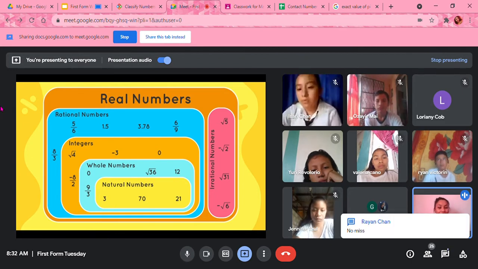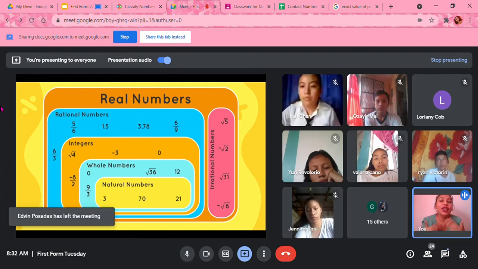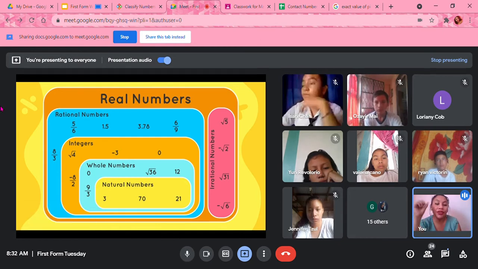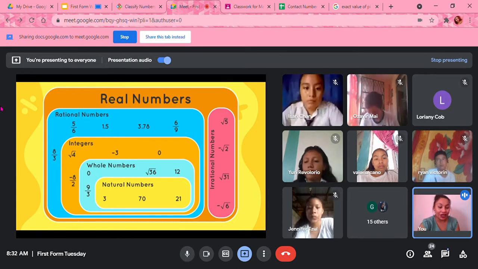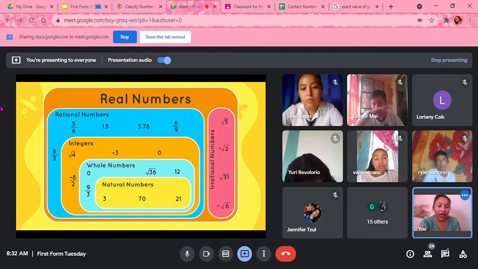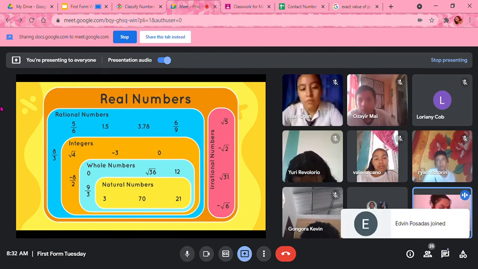Square root of 36 is in the whole number section because when I find the square root of 36, it gives me a whole number.